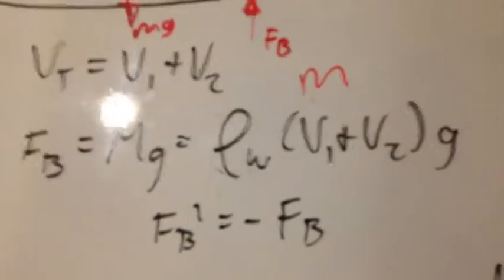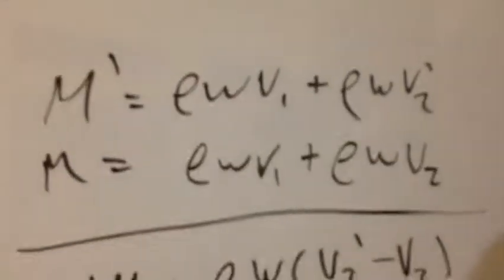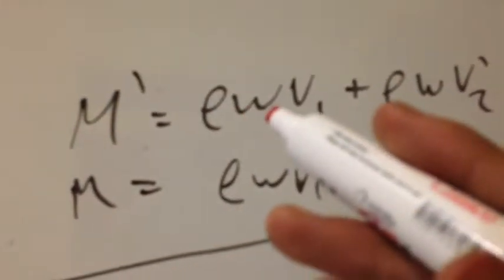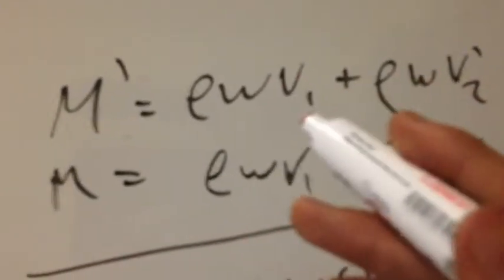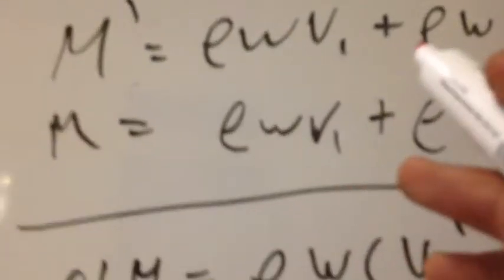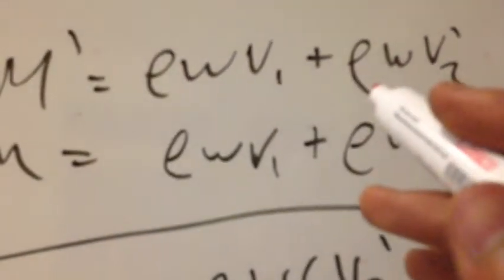Next thing we do is we try to match these two cases, for which the second mass, which is m plus 0.01 m, equals the density of the water times the first volume plus the density of the water times the second volume.